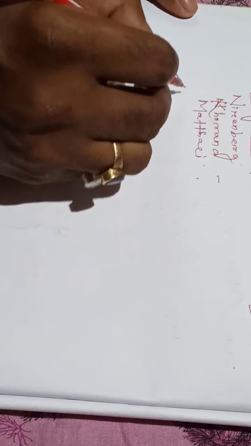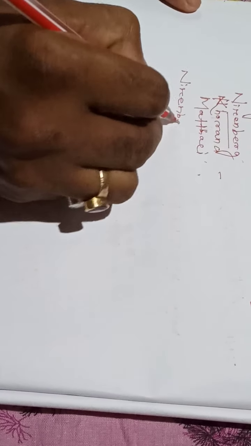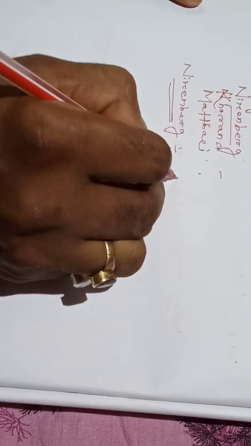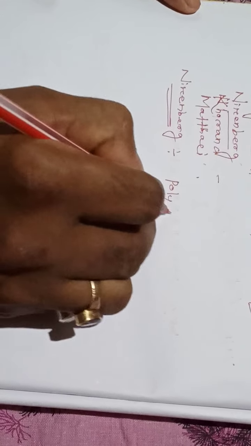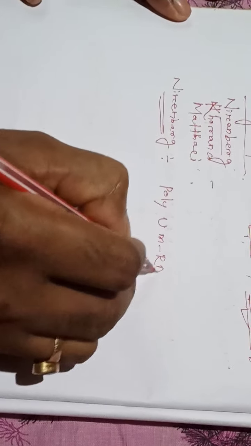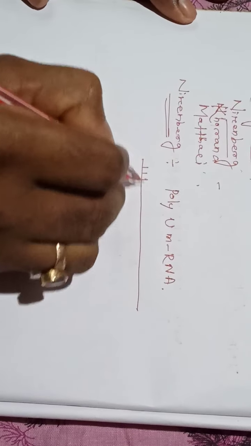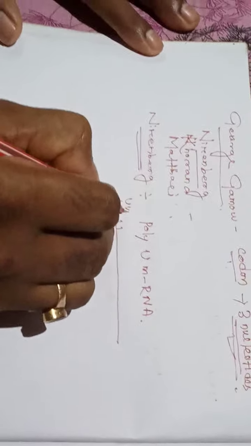So let's have a discussion on Nirenberg's work, how Nirenberg deciphered the genetic code. Okay. Nirenberg constructed a poly-U mRNA. Poly-U mRNA means this mRNA consists of only uracil nucleotides.